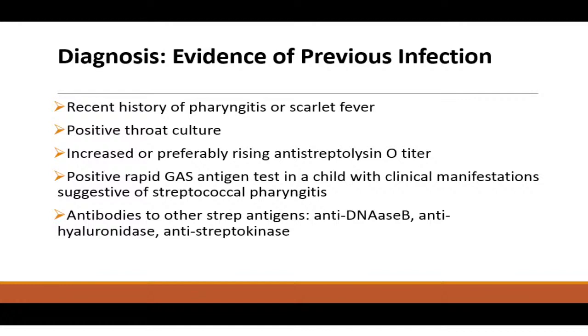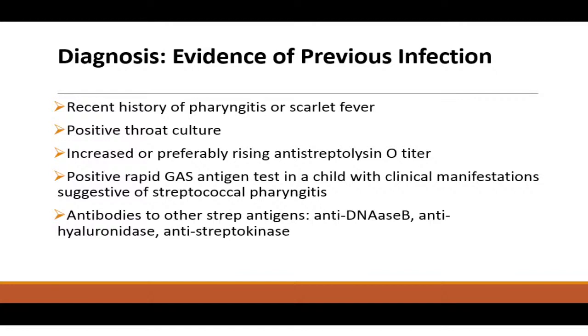So evidence of previous infection, how will we detect it? A recent history of pharyngitis or scarlet fever, positive throat culture, increased or rising anti-streptolysin O titer antibodies, and a positive rapid group A strep antigen test in children with manifestations of streptococcal pharyngitis.